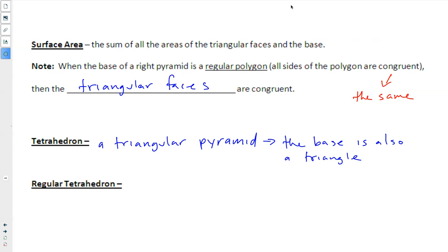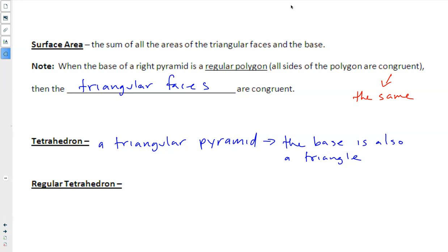And this is a regular tetrahedron, where all of the triangular faces are going to be the same side length because all sides of this triangle will be the same.